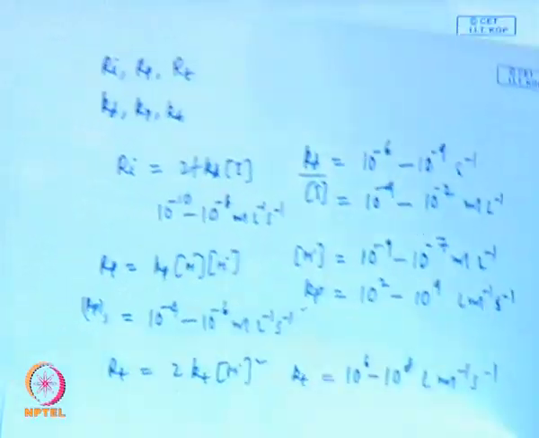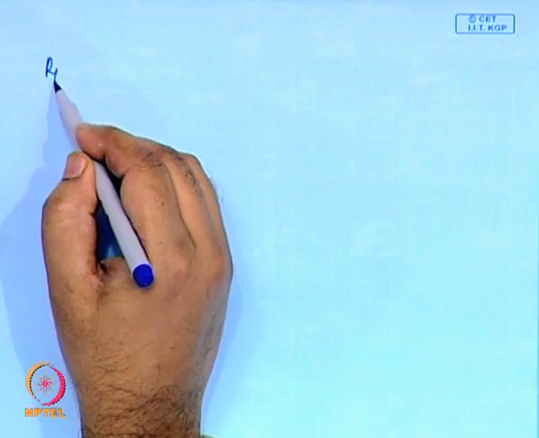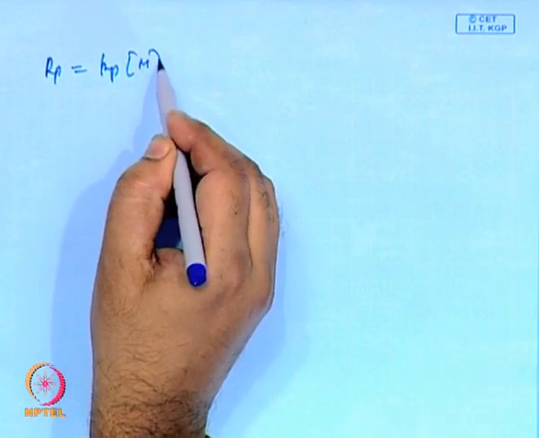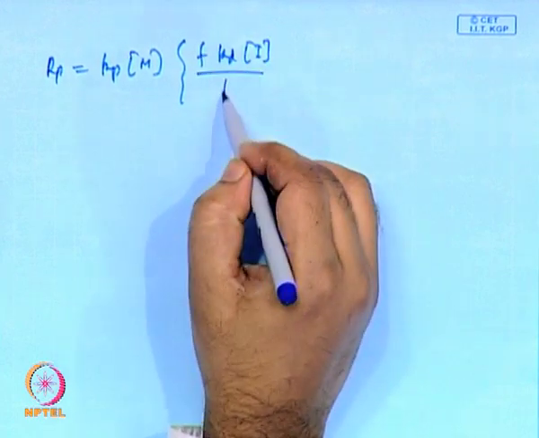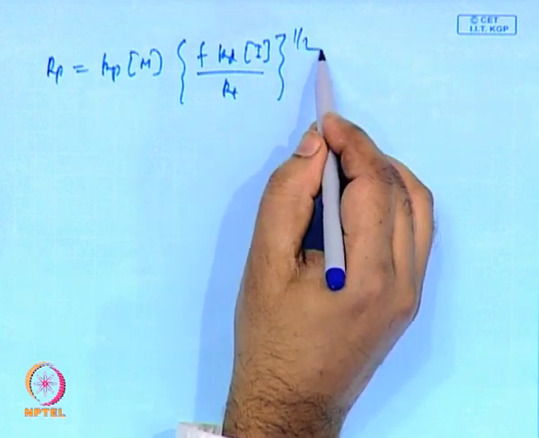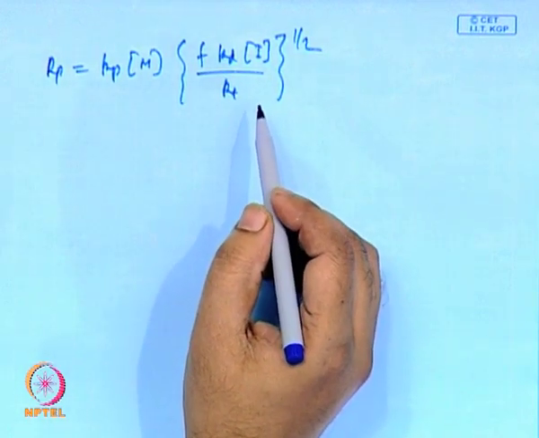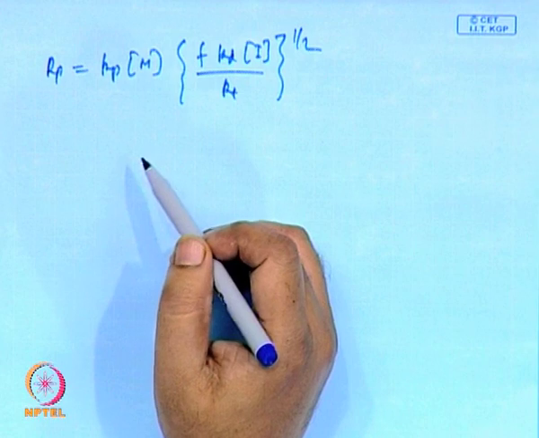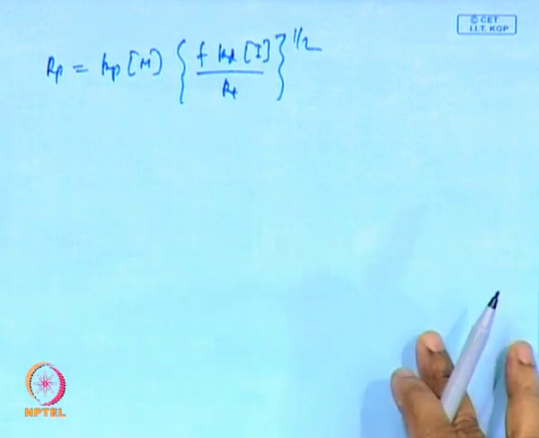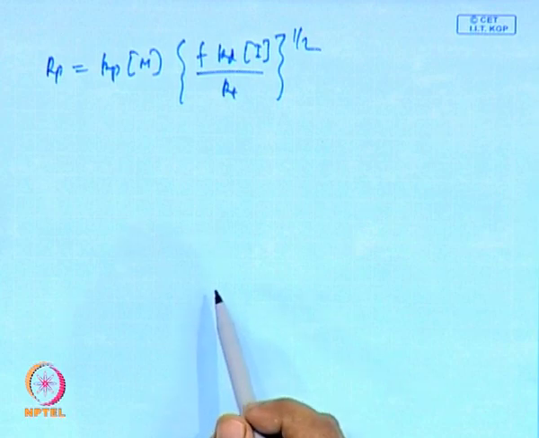Now, what are the assumptions we made when we deduced this expression Rp is Kp M? One was that initiation was slow, propagation was fast and termination was even faster. We have convinced ourselves now with the values of the individual rate constants that our assumption was accurate.